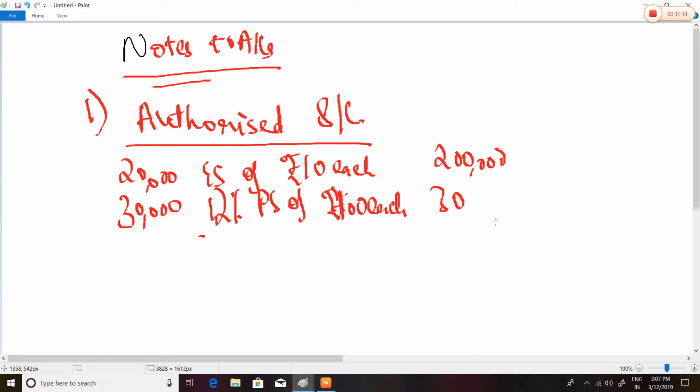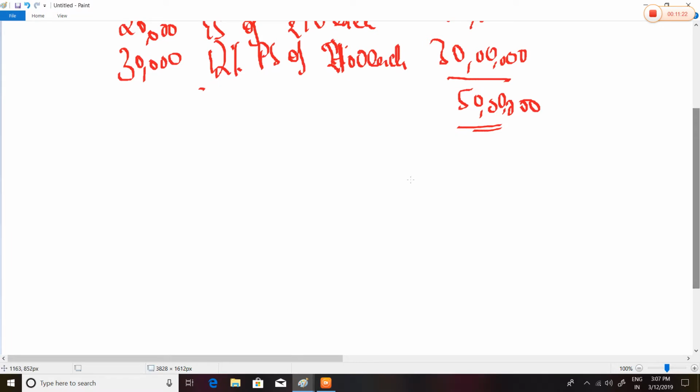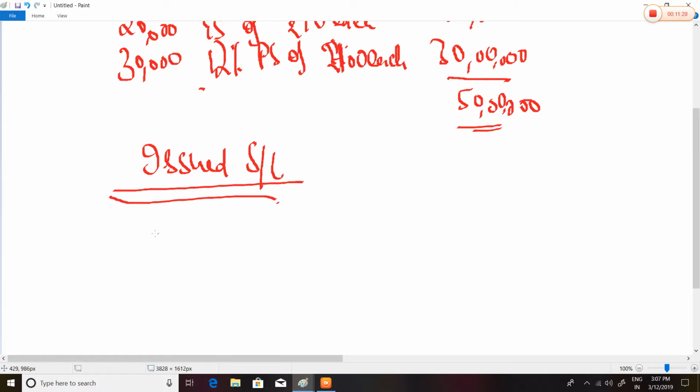Yes, 30 lakhs. Total amount 50 lakhs is the authorized share capital, and the company issued 10,000 equity shares of rupees 10 each.